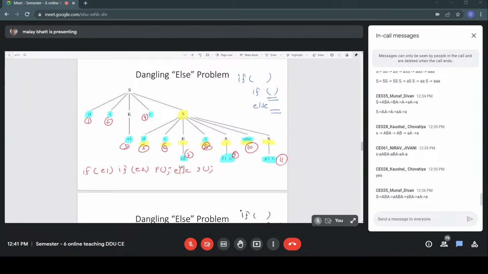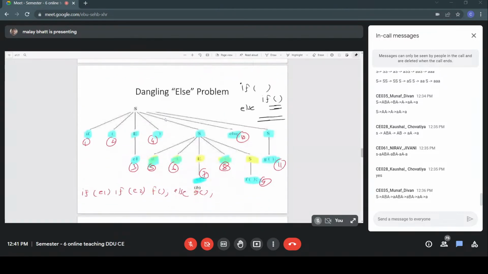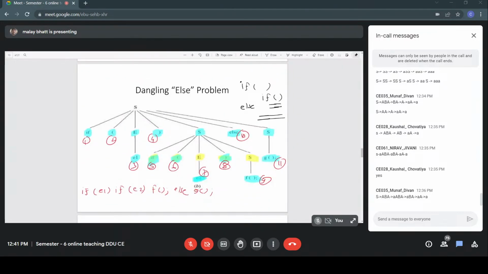So here, as per this tree, it is clear that the else part is with the inner if. As per this derivation tree, the else part is associated with the inner if. Now, because this grammar is an ambiguous grammar, the same statement we can generate in a different way. You can see here that if-else is the outermost one, and inside the outer if we have only an if statement.